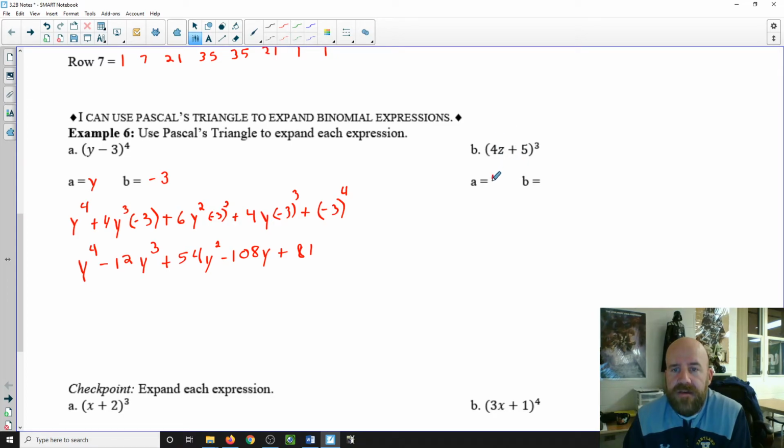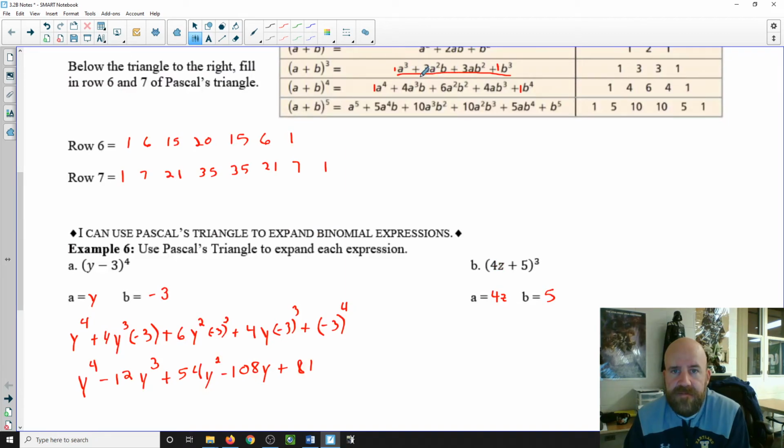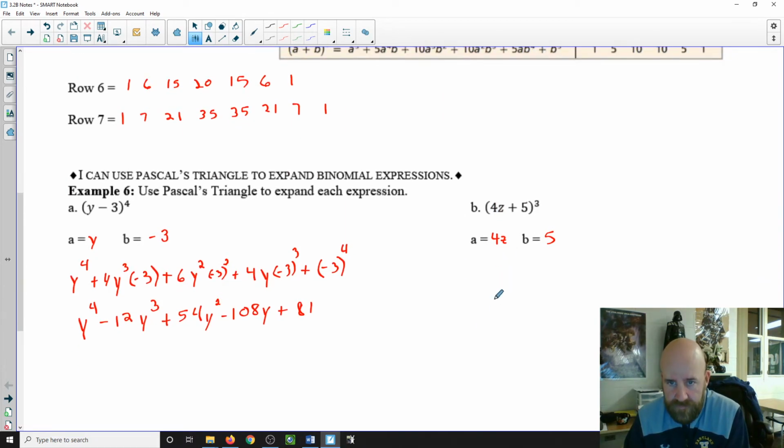So last one, we have a value is 4z, and our b value is 5. So we have third power, remember, so we're using the third line. So a to the third. So 4z. Now we gotta be careful when we have multiple things here in our term. So we have to cube the whole thing.